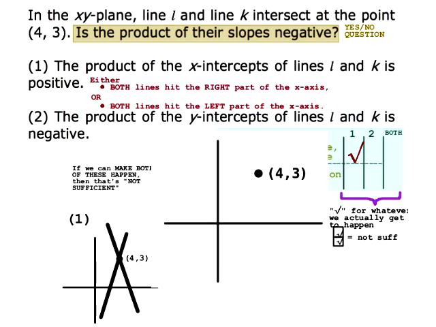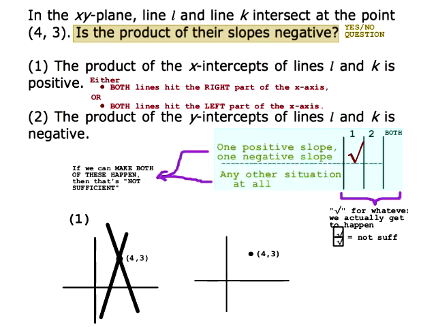So, okay. So there's the same situation. We can still have two positive x-intercepts. We can just draw two lines like this. There you go.